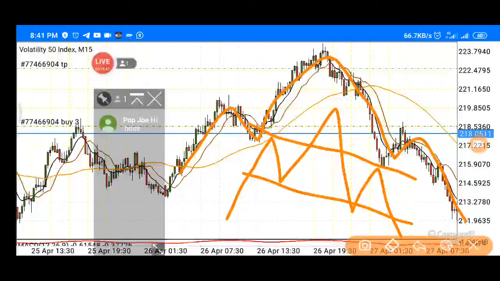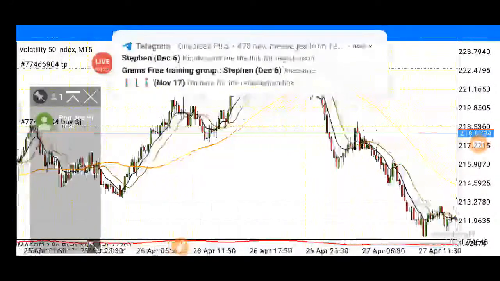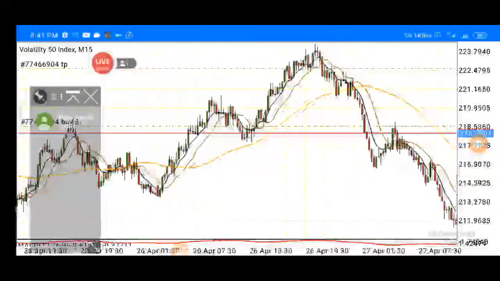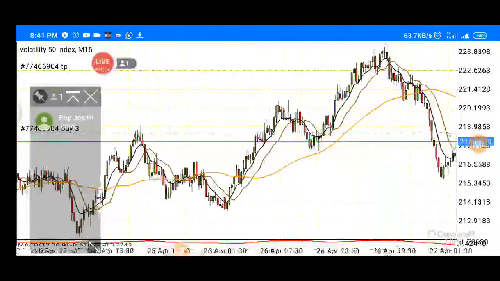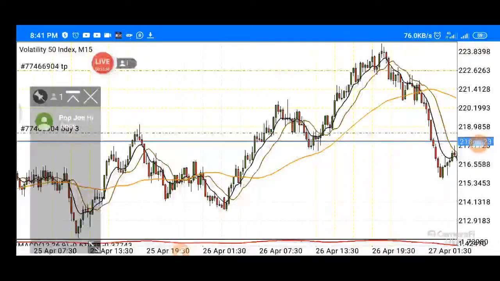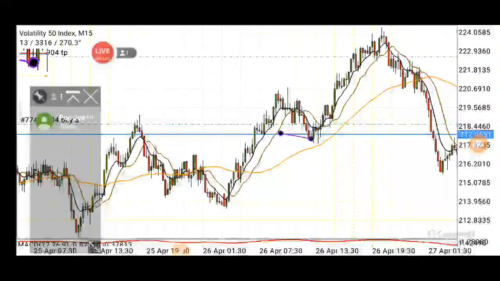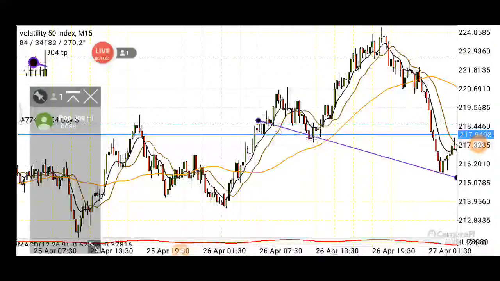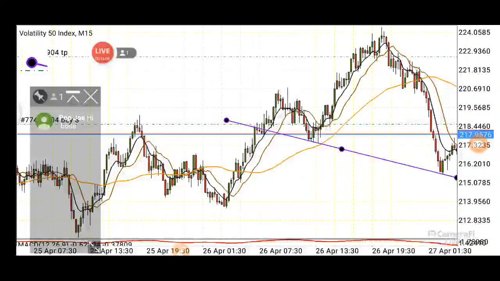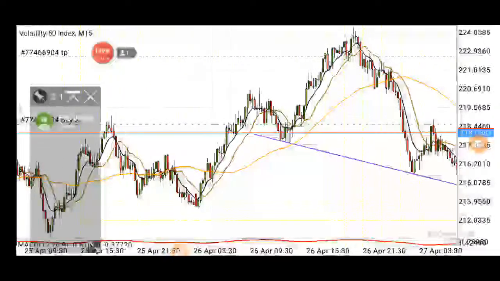Hope you see that. So now what you need to do here is just join the necklines together.